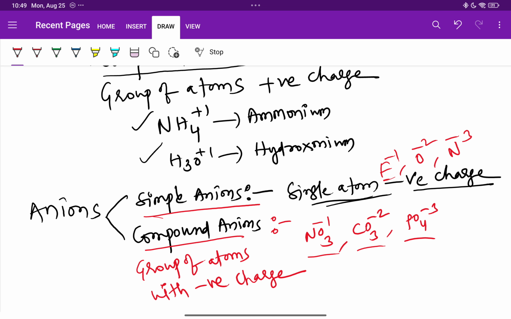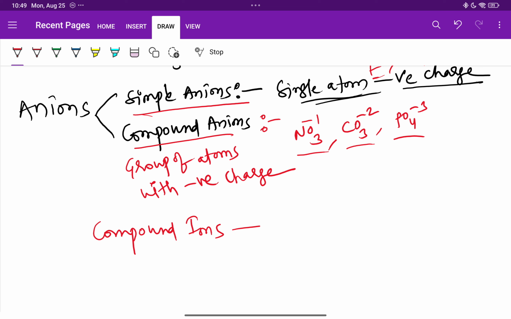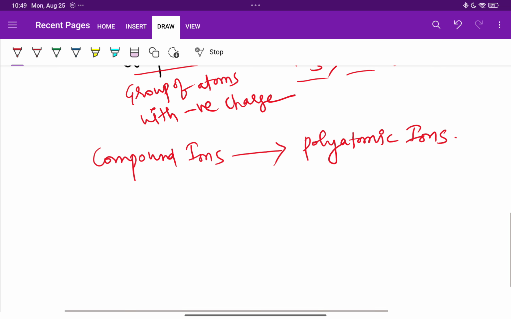And here a very important point: compound ions, either cation or anion, are otherwise called polyatomic ions. So this is the classification of anions and cations.